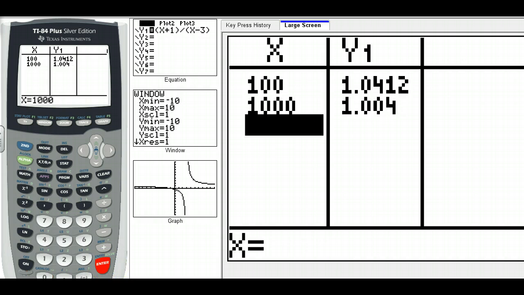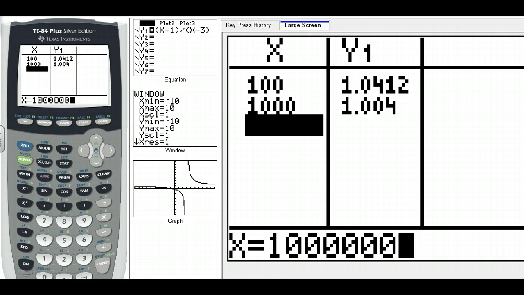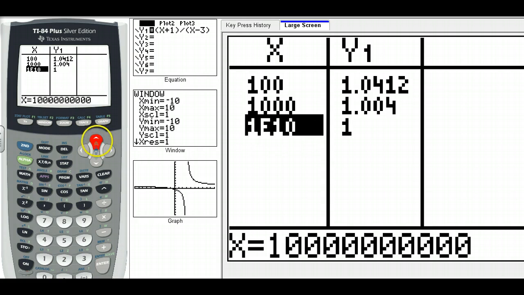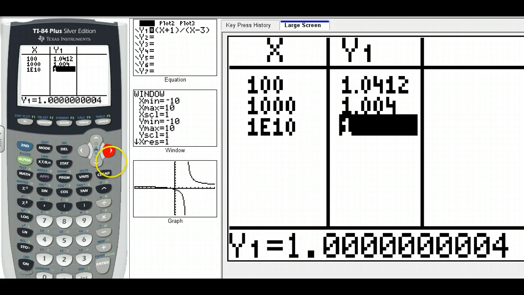Well, we're going to infinity, so we want to get some big numbers. So let's crank this up and see what we're doing. I think, as you can see, it says it's exactly 1. Oh, wait a second, it's not exactly 1. It's going to approach 1, but it's not going to be exactly there.